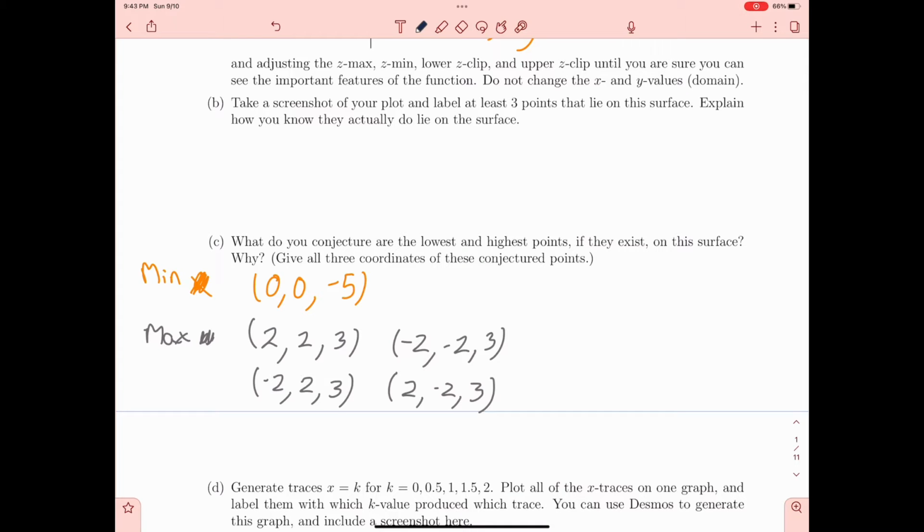So at 0, that would be the absolute least these values could be, which gives us the z value of negative 5. Whereas the max values would have to be some combination of negative 2 or positive 2, as 2 is the absolute maximum value these points can have, which gives us 4 plus 4 minus 5, which gives us a z value of 3.